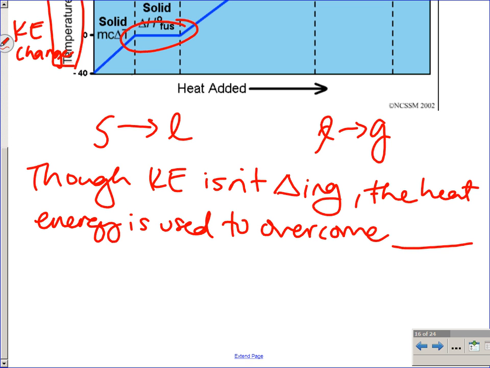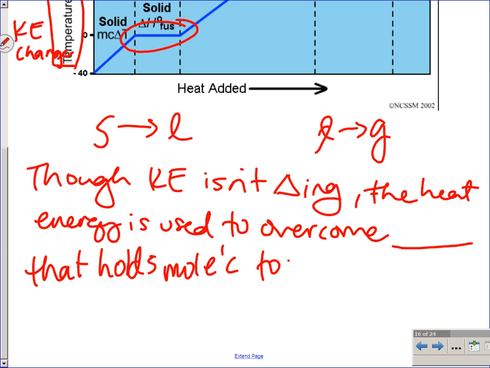I'm going to have you fill in the blank there in a second. Though kinetic energy isn't changing, the heat energy is used to overcome something that holds molecules together.